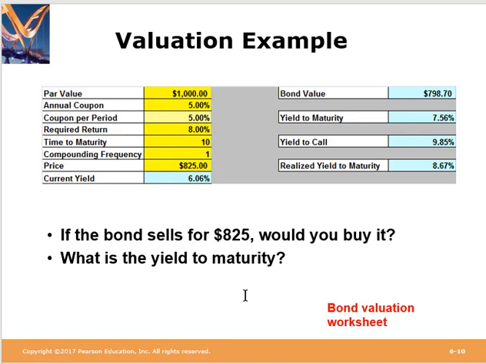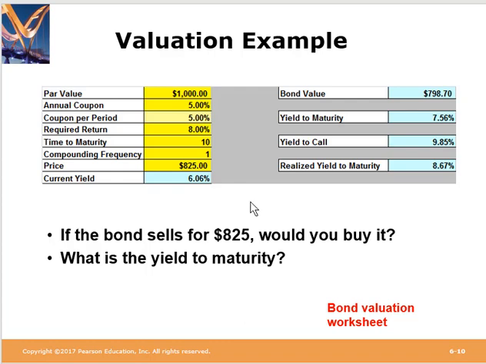So here we have a bond. It's a $1,000 par value, with a 5% coupon. In the economy, this type of bond currently has a required return of 8%. It has 10 years of life, and you can currently buy this bond for $825. So what information can we get from this particular bond?